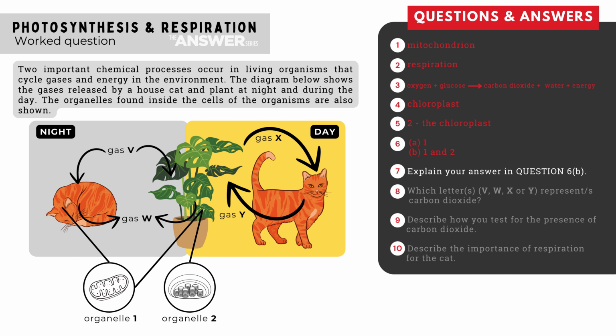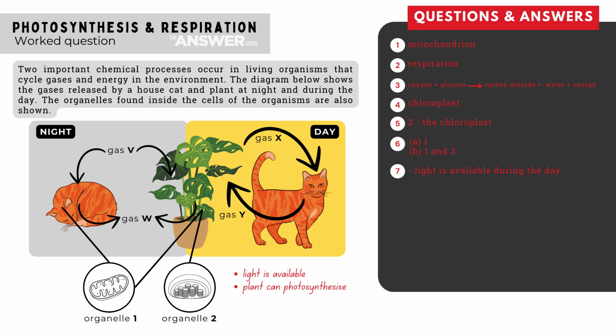Question 7. Explain your answer in question 6b, which is what we just did in order to get to the answer. So you'll often find that in exams, you have to think about how to get to an answer that's simple, like you just had to give the organelle number 1 and 2, and part of that thinking process is often the next question, because you need to justify how you got to the answer, writing down what your thought process was.